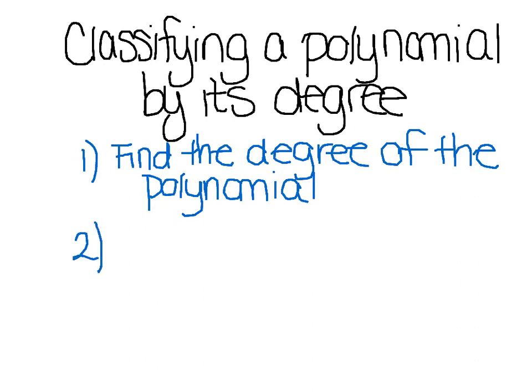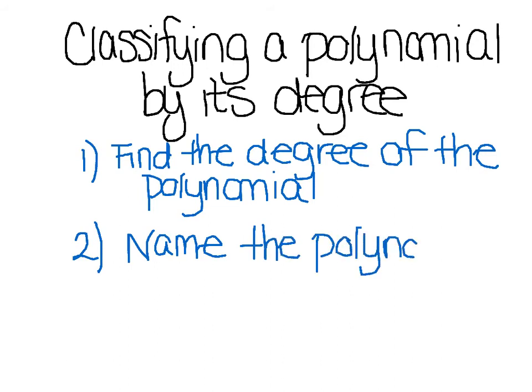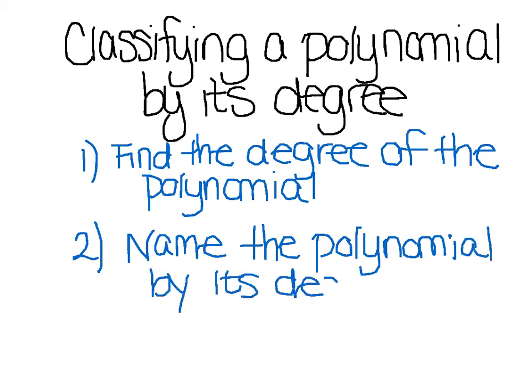Then you're going to name the polynomial by its degree using the chart I'm just about to show you. So each degree has a name. I'll show you a chart. So you're going to find the degree of the polynomial and use the chart to state the name of the polynomial.